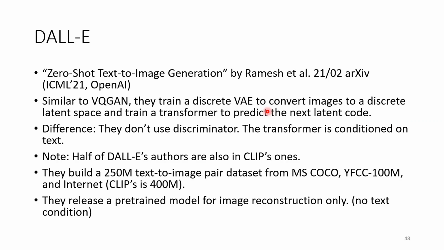What does it mean? It means the team created CLIP. They just slightly modified their CLIP, and they can apply the result of CLIP to the text-to-image generation task. So that is DALL-E.